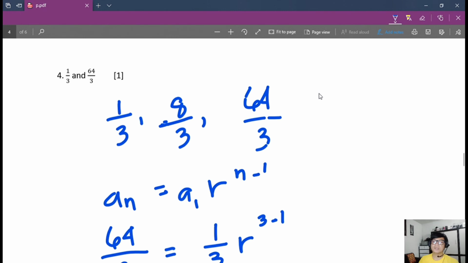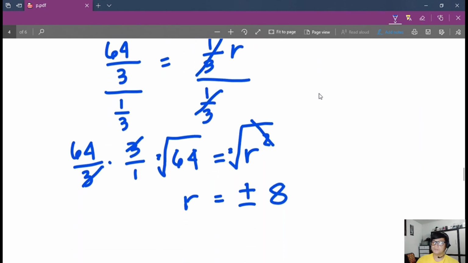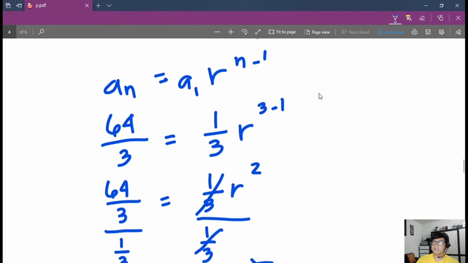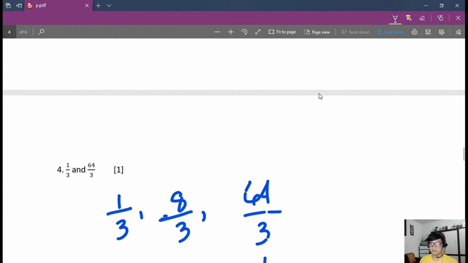So, yun na. So, when our common ratio is equal to negative 8 naman, so ganun lang. Palitan lang ninyo ng negative sign. So, pwede siyang positive, negative. Positive, negative 8 over 3.